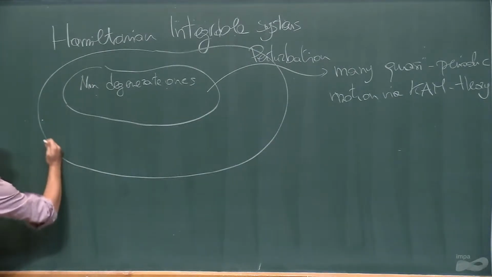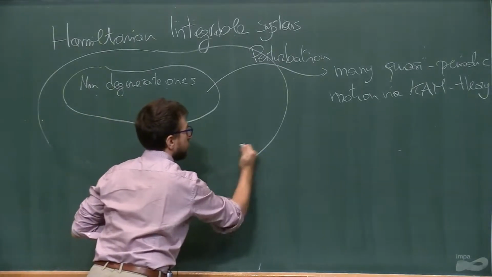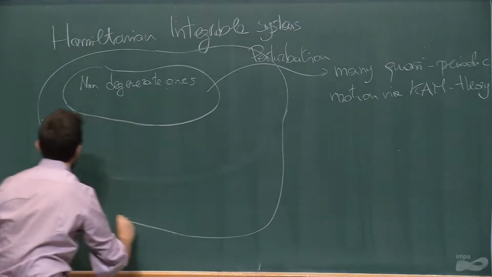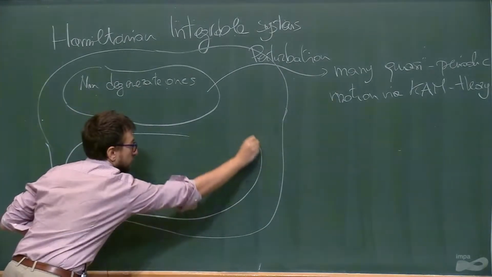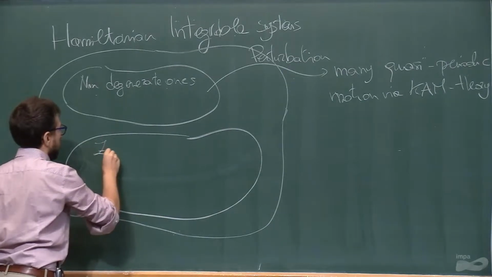But what I want to look at today is, in some sense, going in the opposite direction and looking at very degenerate integrable systems. And these I will call, for the sake of today's talk, Zoll systems. So I have here Zoll ones.